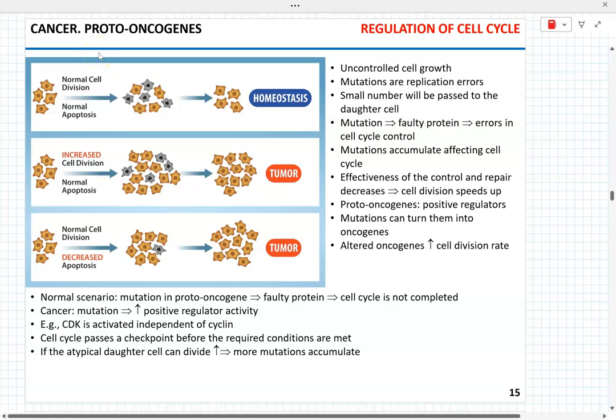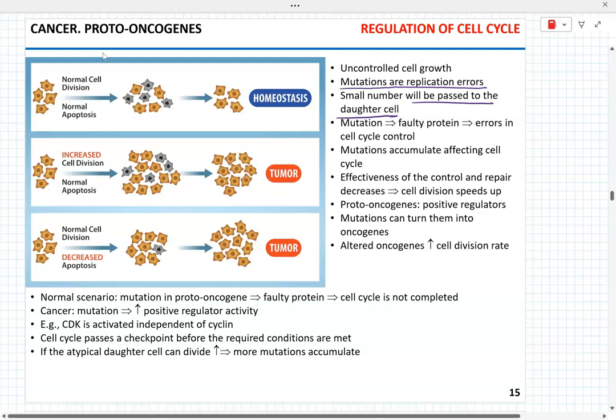Now, we mentioned that sometimes cells go into uncontrolled cell growth. We call it cancer. So, for instance, DNA accumulates some mutations as a result of replication errors, and a small number of these mutations will be passed to the daughter cell.